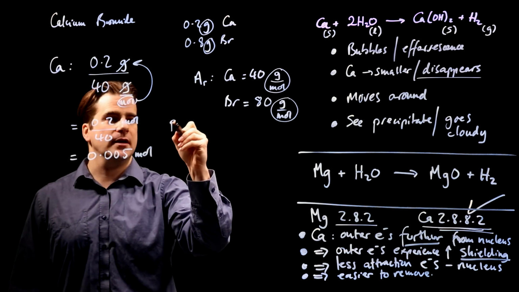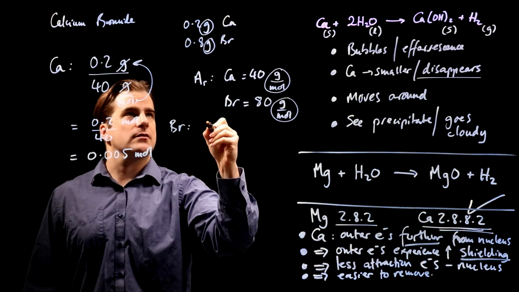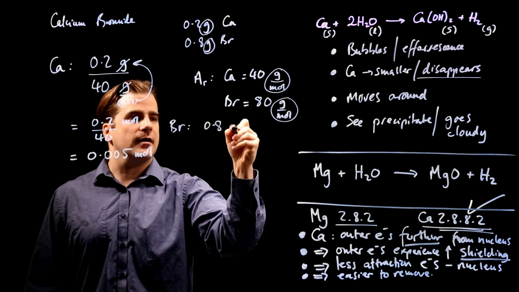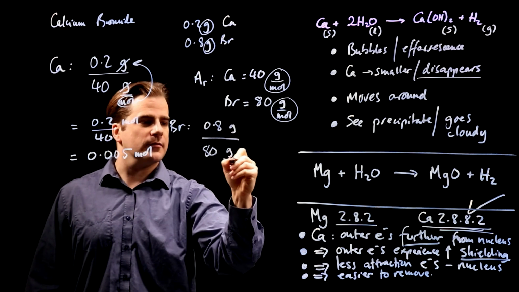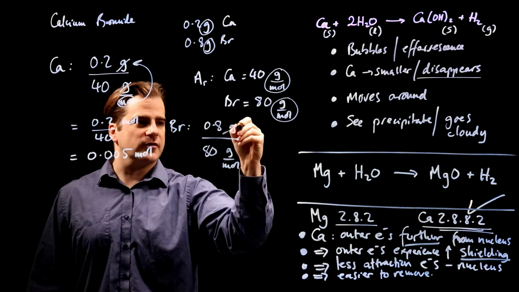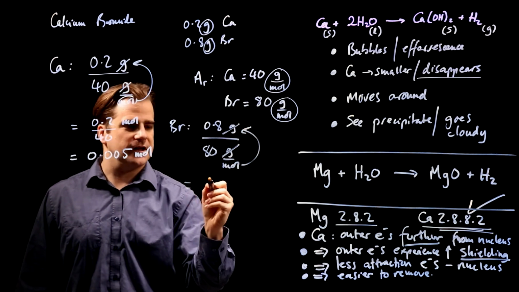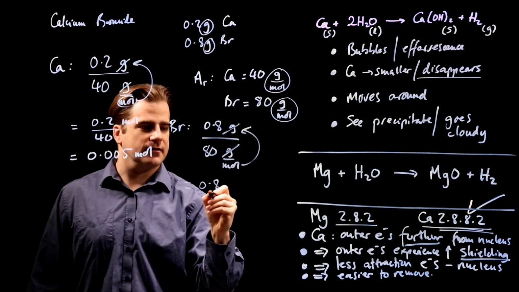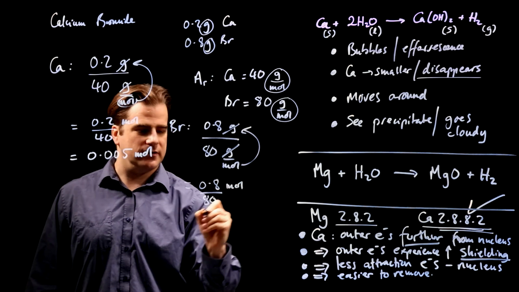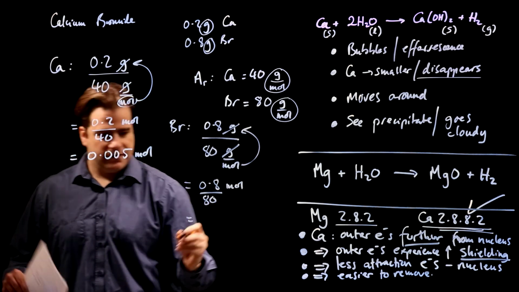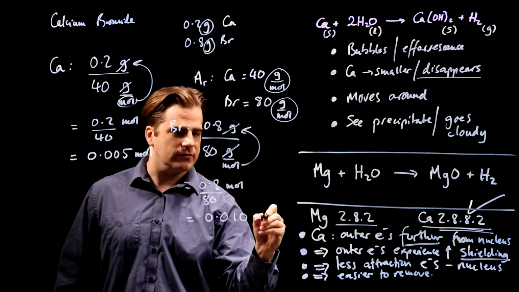Do the same with the bromine. Okay, so we've got 0.8 grams divided by 80 grams per mole. Grams on the top, grams on the bottom. Moles flips up to the top, which is 0.8 over 80 moles, which is 0.010 moles.